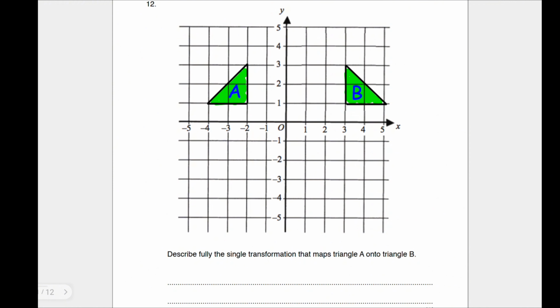So first we need to find the line of reflection. In this case, the distance from A to B is 5, and half of that will be 2.5. So 2.5 from A is going to be right about this point. So this will be the line of reflection.